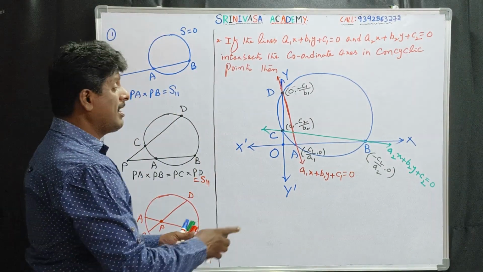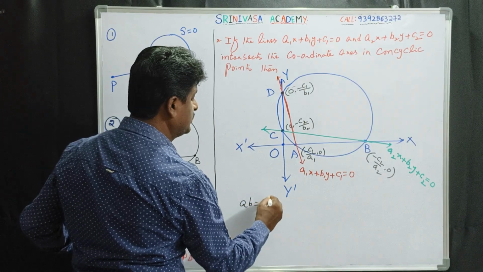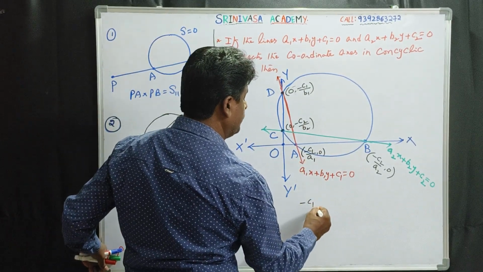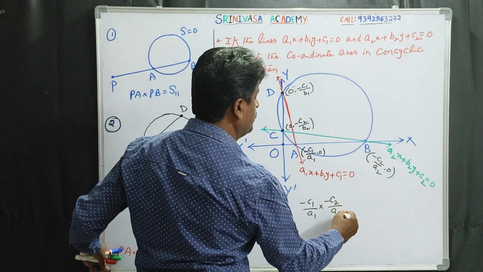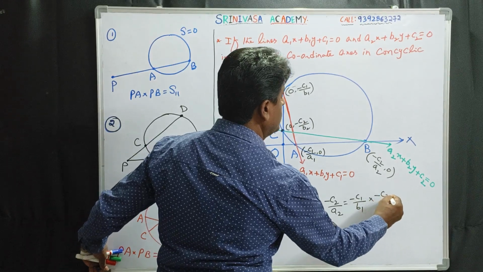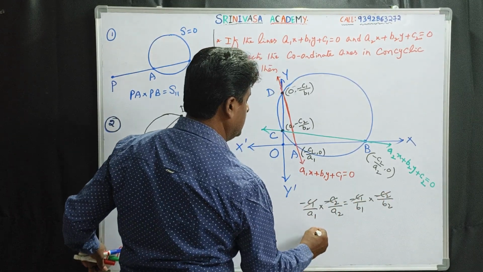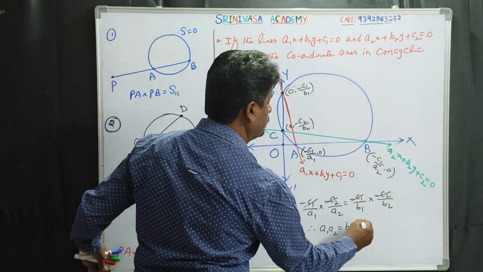Now, these 4 concyclic points look like (A, 0), (B, 0), (0, C), (0, D). Concyclic points condition: AB is equal to CD. But here, minus C1 by A1 into minus C2 by A2 is equal to minus C1 by B1 into minus C2 by B2. Cancelled, cancelled. Therefore, A1A2 is equal to B1B2.